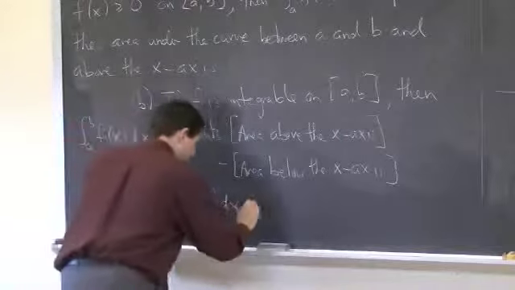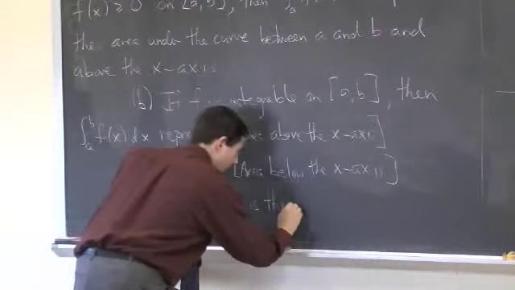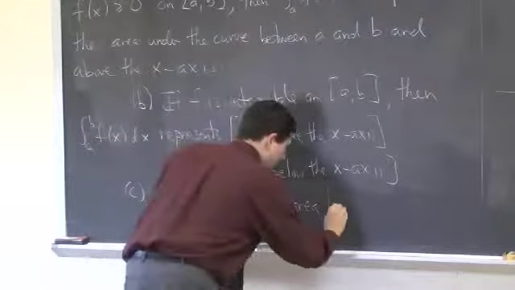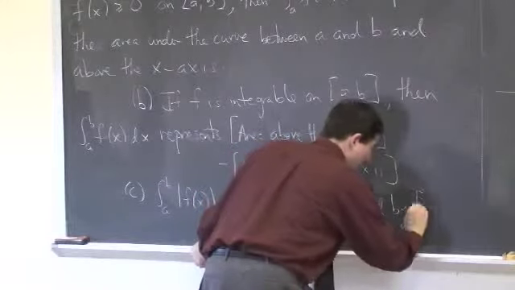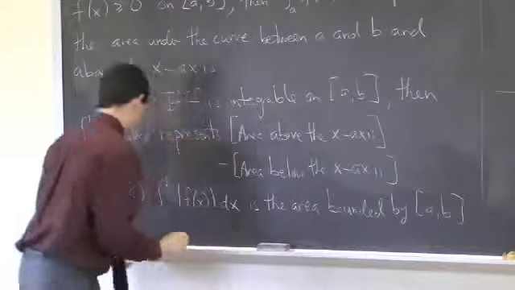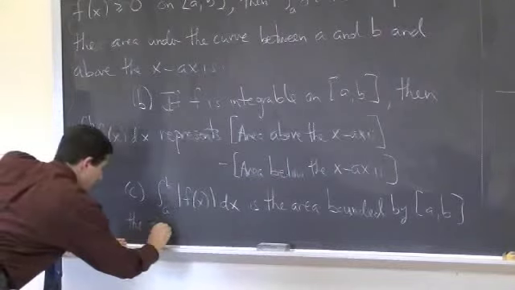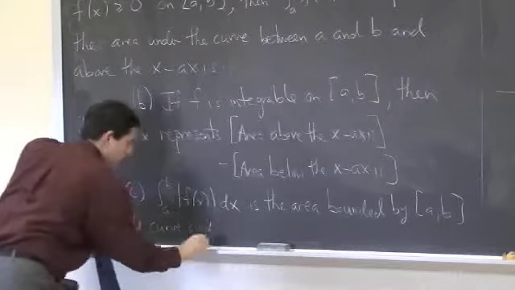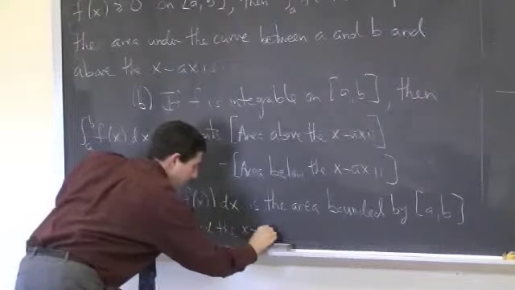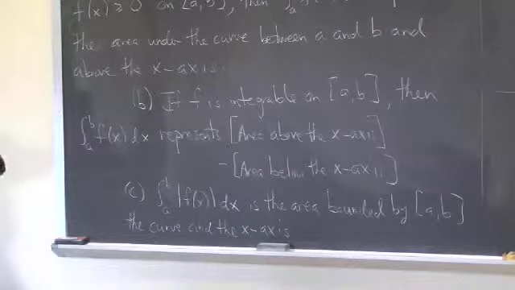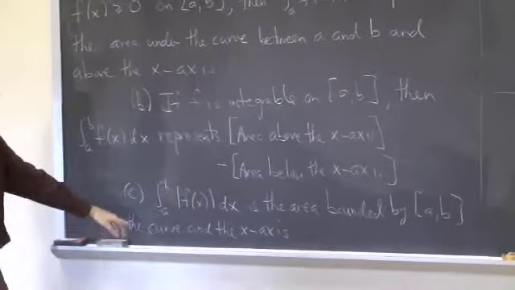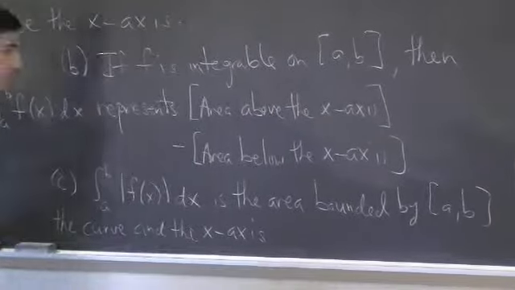Well, this gives us the area bounded by the interval AB, the curve, and the x-axis. But it doesn't care whether it's above or below the x-axis. Just any area bounded by the x-axis, it gives it to you. Okay, so later on we'll do examples of that.